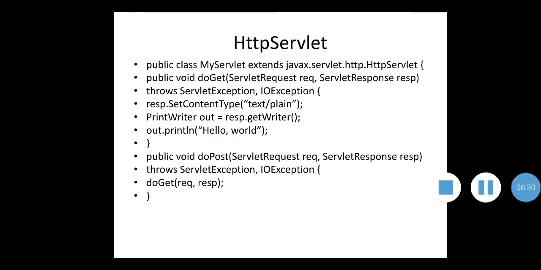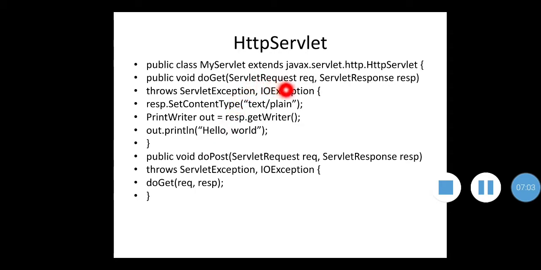Similarly, in HttpServlet, we have to extend javax.servlet.http.HttpServlet, and we have to use either the doGet method or the doPost method as a service method in HttpServlet. Both doGet and doPost methods use two parameters.